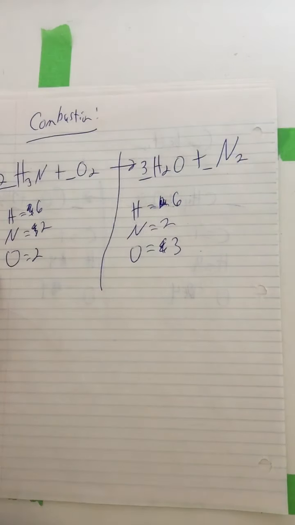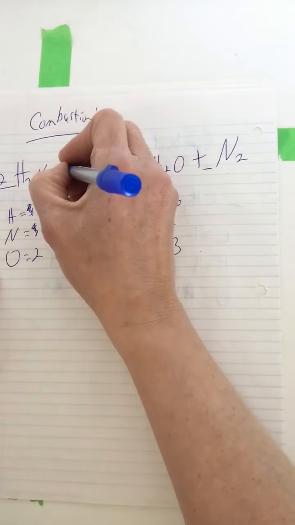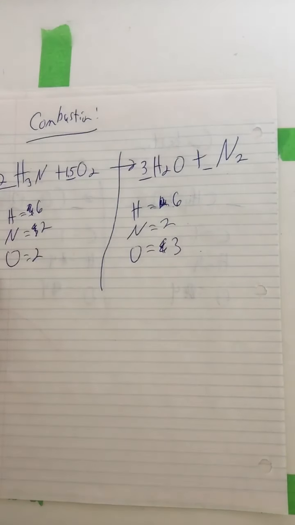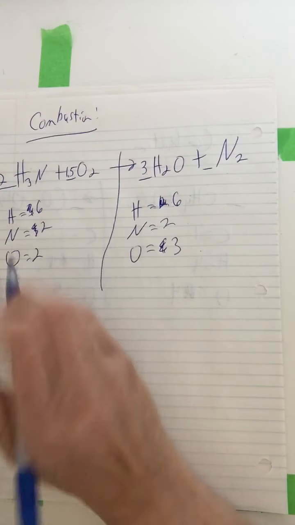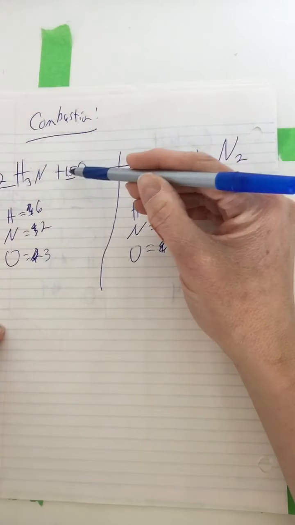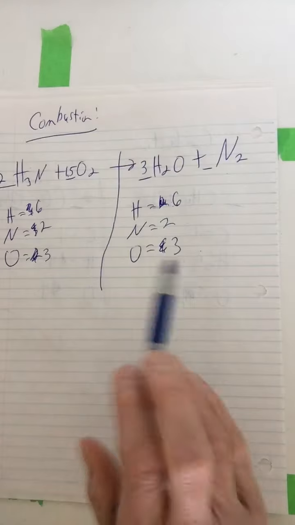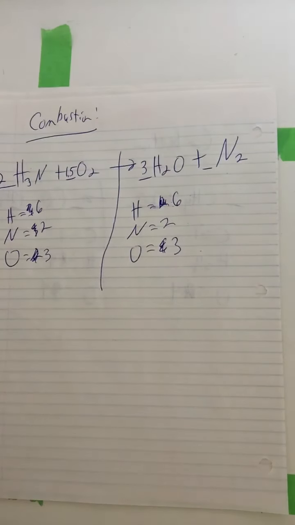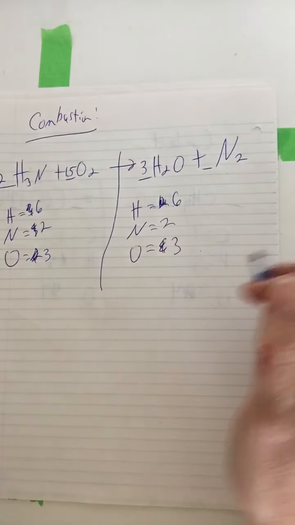What times 2 would give me 3? 1.5? I would really like to put a 1.5 there. 2 times 1.5 would give me 3. I would be balanced, but I'm not allowed to put a 1.5 there. But it's a good strategy in the middle. I'm allowed to put it there for a second and be like, perfect, I'm balanced.